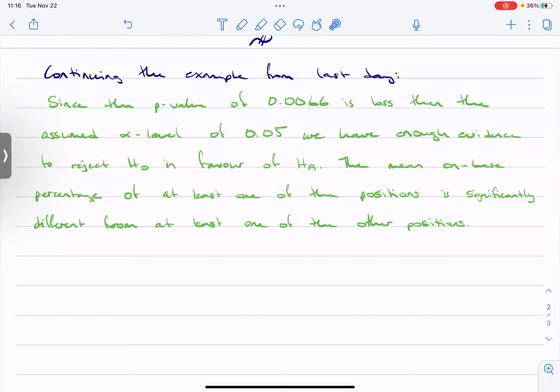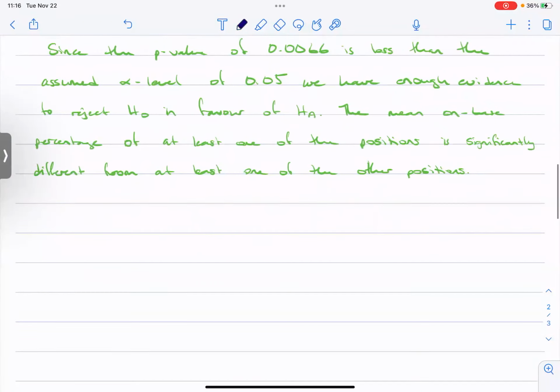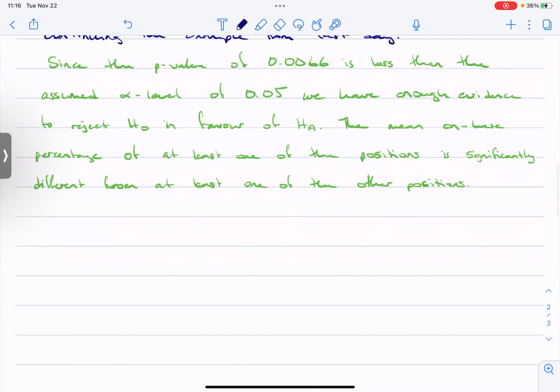So now what? If we find that our ANOVA is significant, and that's a term that we use, if it's significant, it means we've rejected H0, right? We usually want to know, okay, well, which positions? Okay, that's fine, but which ones?